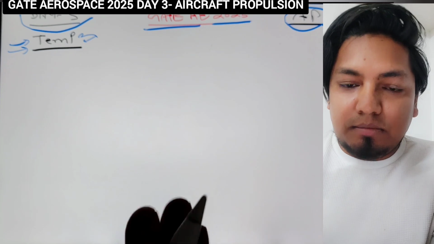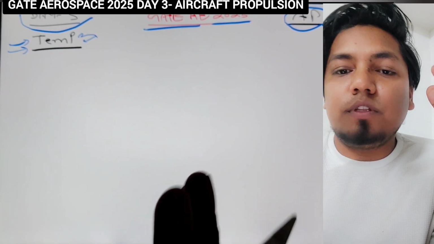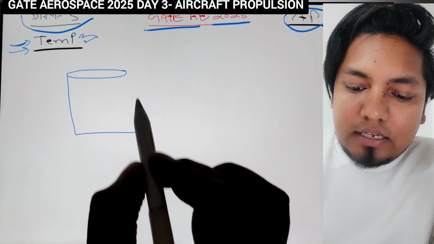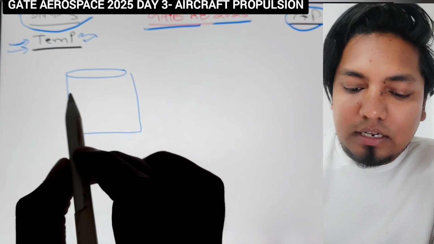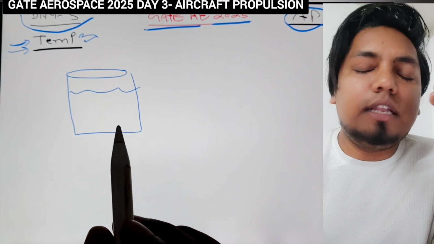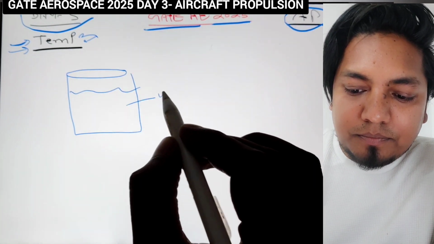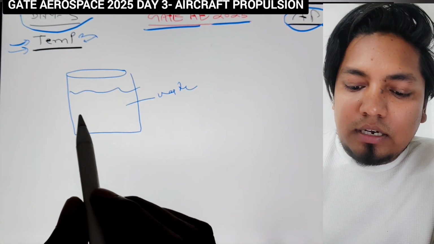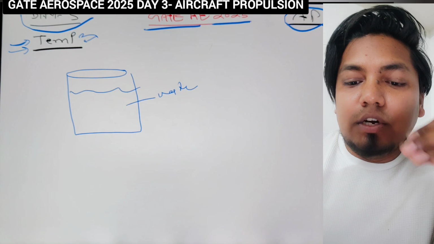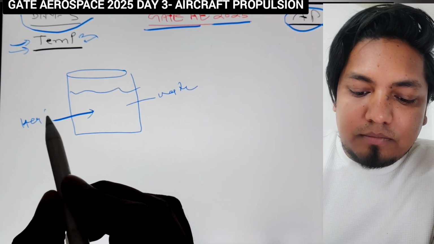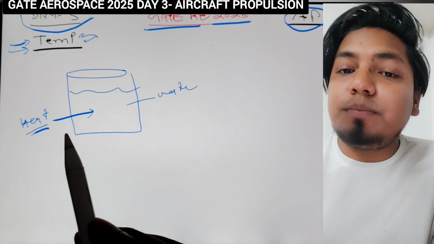What do you mean by temperature? Do not be confused with heat. Suppose in this container I have some matter, for example any fluid, for example water. In the wrong way you can say, how much heat is present in the water.